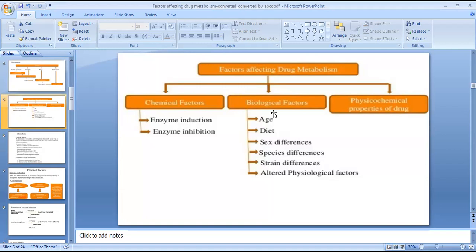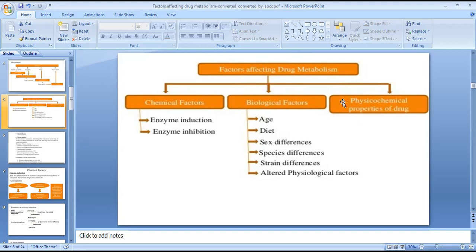Phase 1 metabolism, phase 2 metabolism. This we have discussed in detail. Now we are discussing the factors that affect the rate of drug metabolism in our body, and those factors are divided into three main categories. Those are chemical factors, biological factors, and physicochemical properties of the drug.